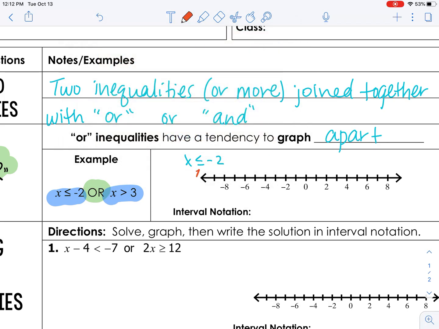I notice that I have an or equal to underneath the inequality, so that means that I need a filled in circle. The arrow is pointing to the left. I have x on the left, so I can trust the direction that the arrow is pointing. So from -2, I need to draw my arrow going to the left.